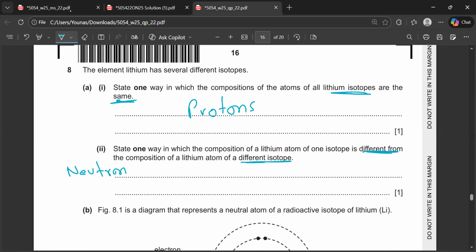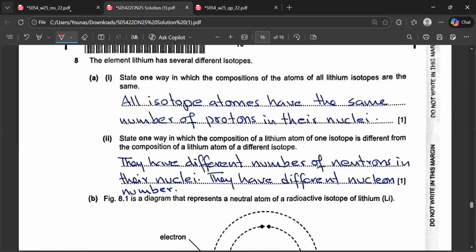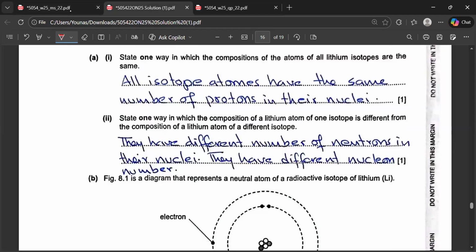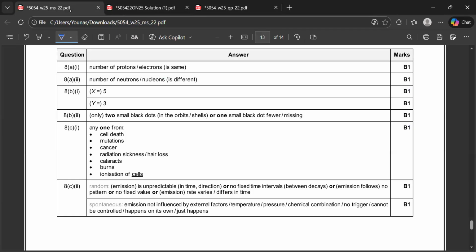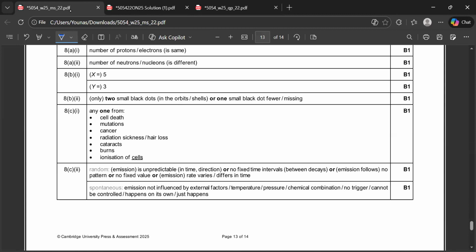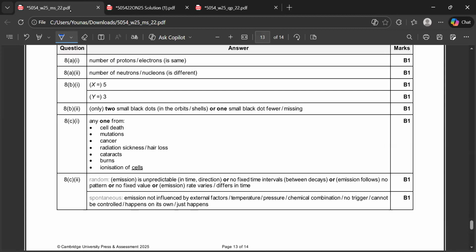Because they have the same number of protons, but the number of neutrons in their nucleus is different. So due to that, what happens? They have a different nucleon number. They have different numbers of neutrons in their nuclei. They have different nucleon numbers. Their mass number is different. I hope you understand this.